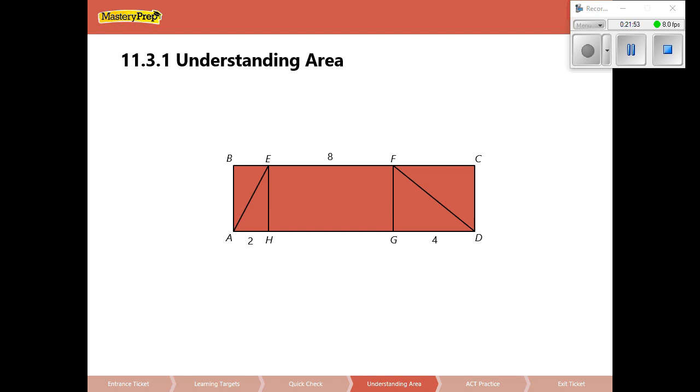The length of EF is 8, and GD is 4. And it is 3.